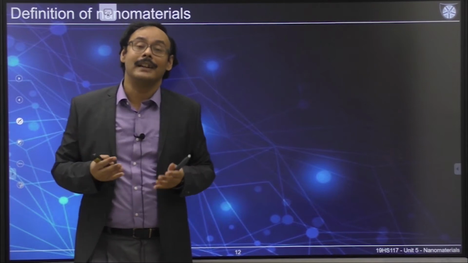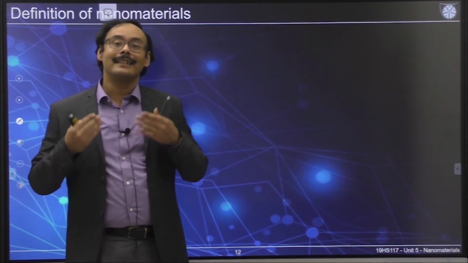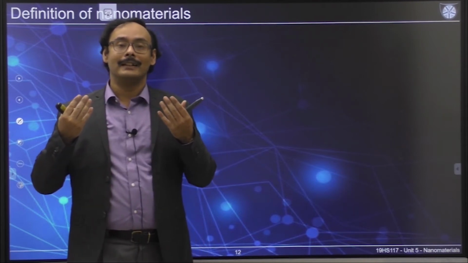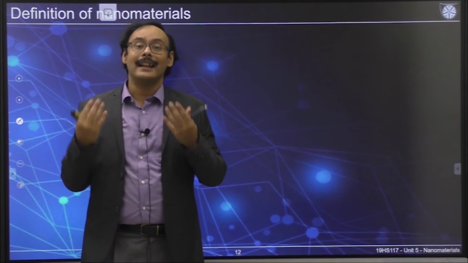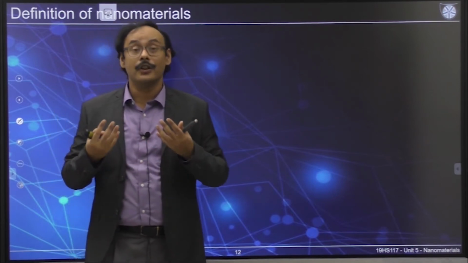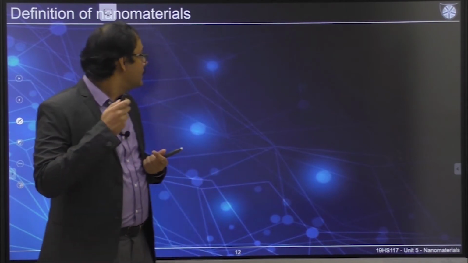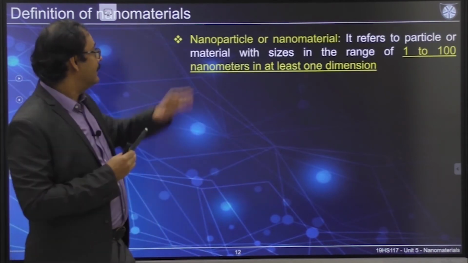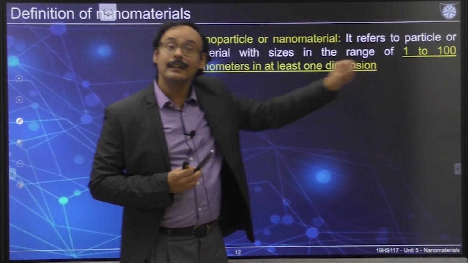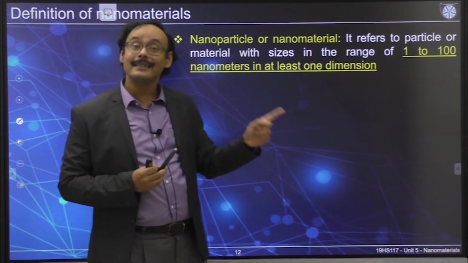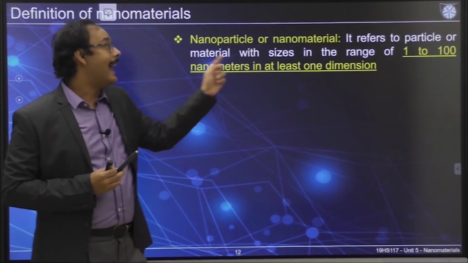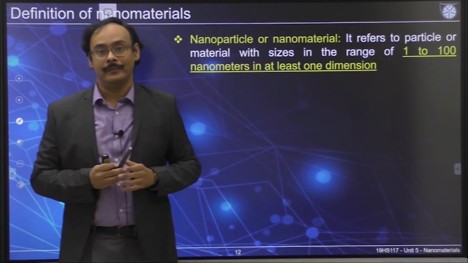It's actually not, because scientists are still working on defining nanomaterial in such a way that it encompasses everything under the nanoscale, but it's not that easy. By definition, nanoparticle or nanomaterial refers to particle or material with sizes in the range of 1 to 100 nanometers in at least one dimension.